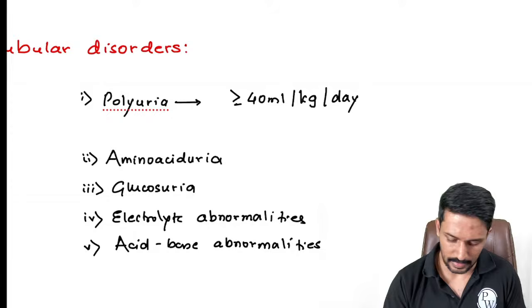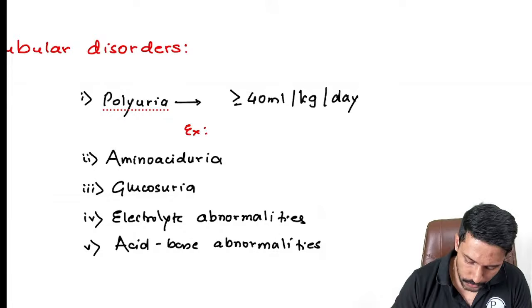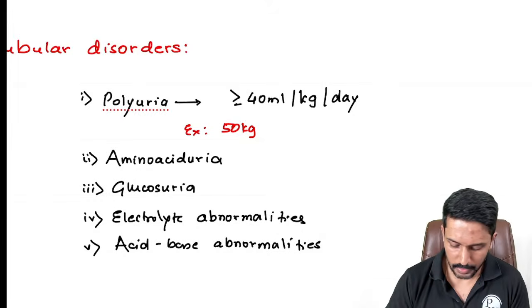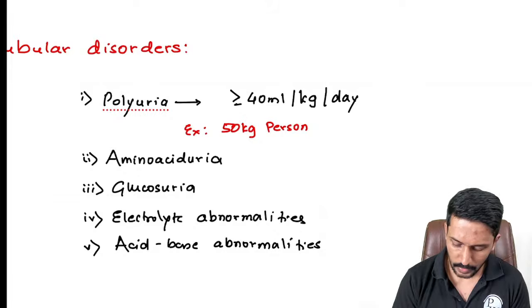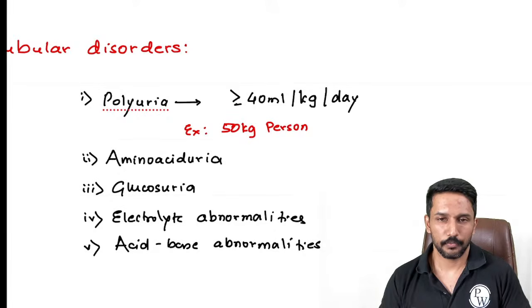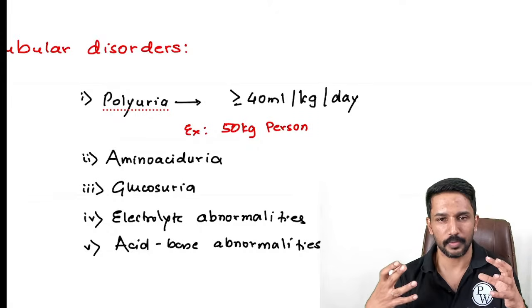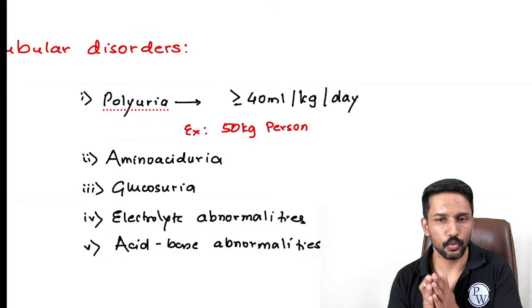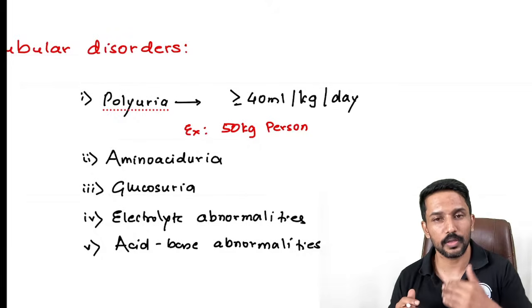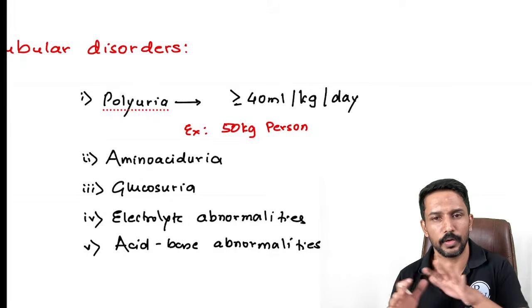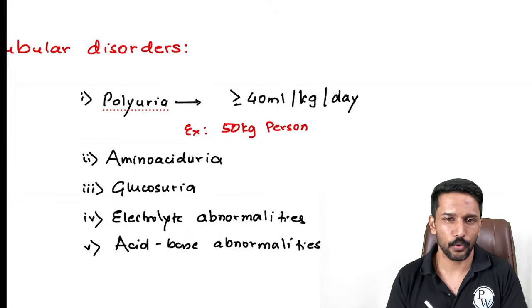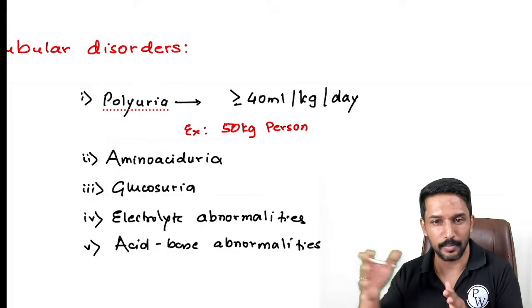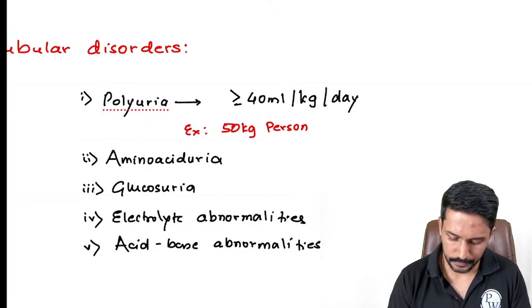So let us take an example of a 50 kg individual. When do you say he has got polyuria? For a 50 kg person, 50 into 40, that becomes 2000. So if he is losing more than 2 liters per day, then we will call it polyuria. But for a 60 kg person, it is 2.4 liters. So the number depends on the body weight.